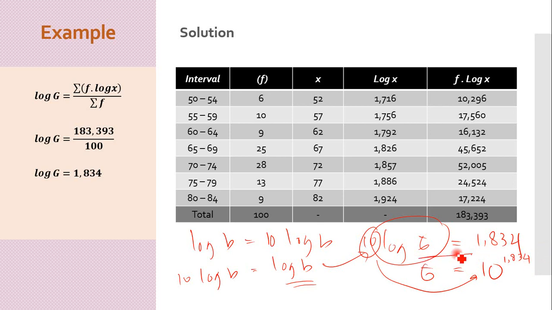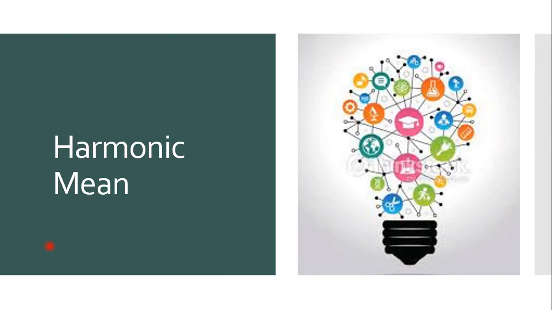Okay, so you can try it in your calculator and you can get this value as well. Okay, so I think the discussion about this geometric mean is over, and we continue to the harmonic mean.